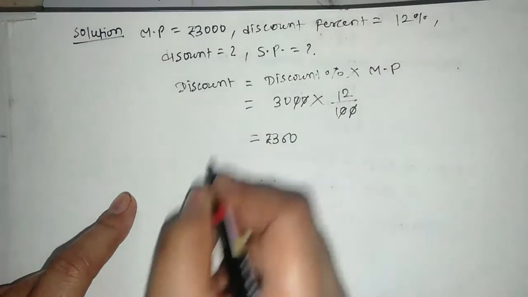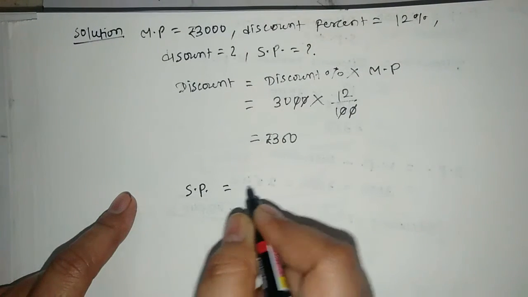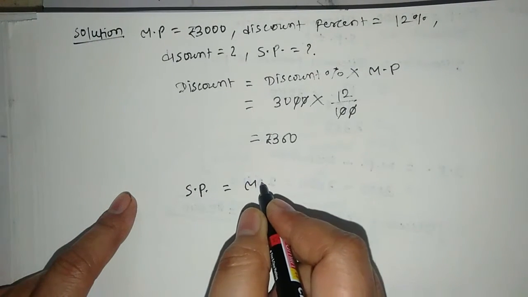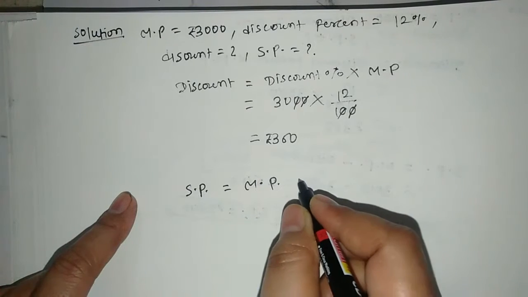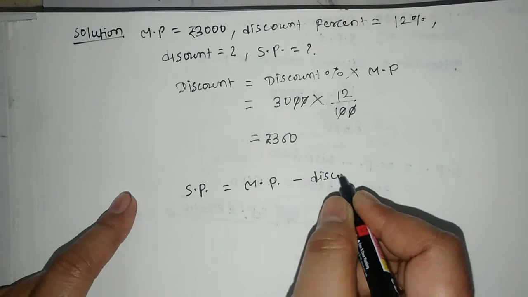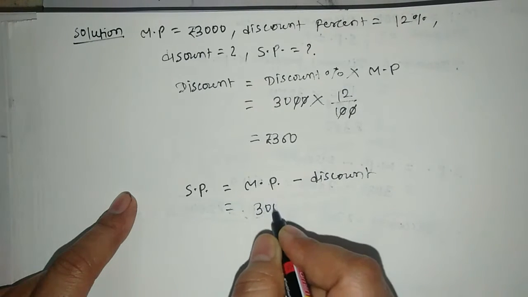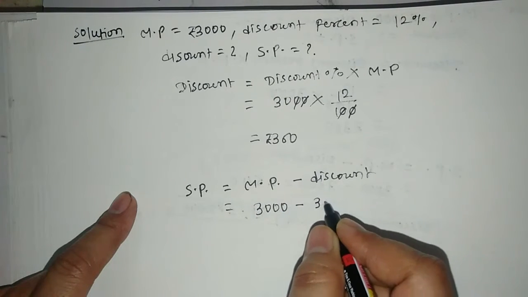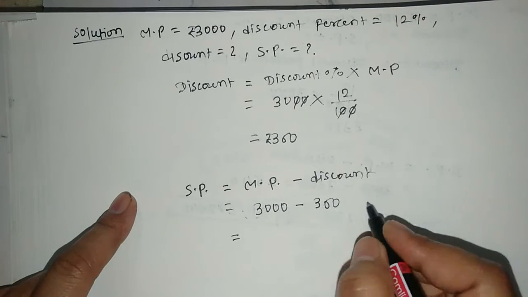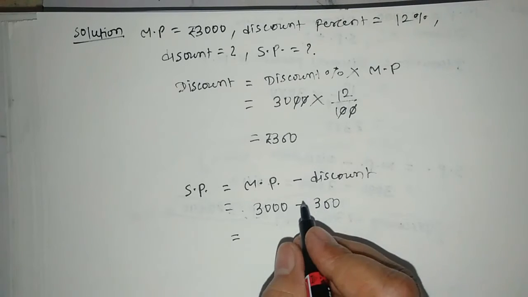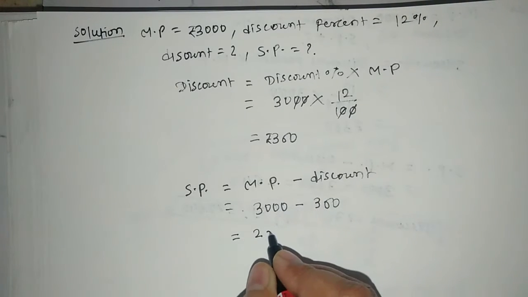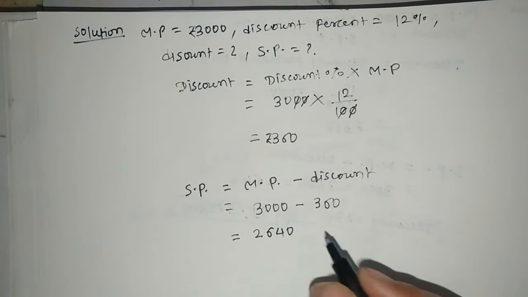Now the next is selling price. So selling price is equal to mark price minus discount. Correct? So put the values. 3000 minus 360. So it is 2640.